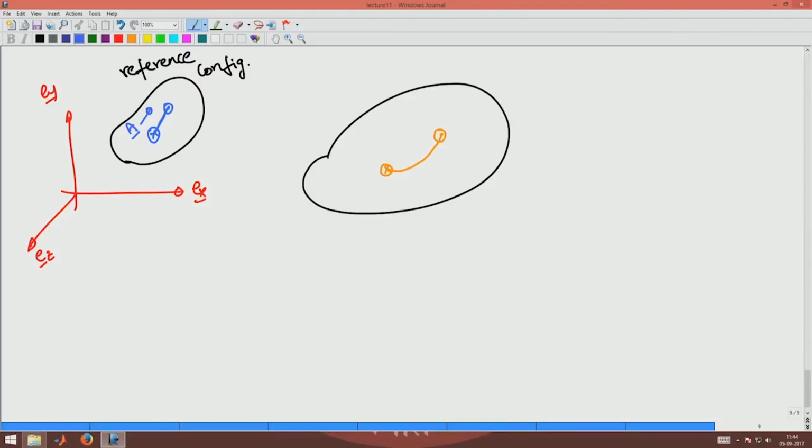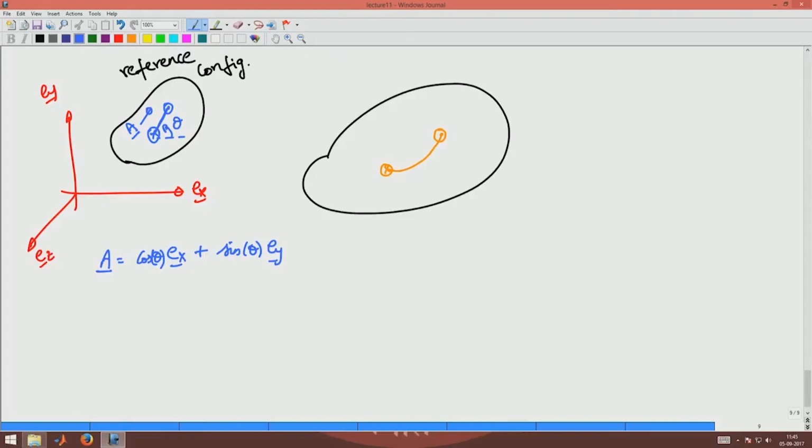that is, if this makes an angle theta with respect to the x axis, A would be given by cos theta Ex plus sin theta Ey. So A is given by that expression.